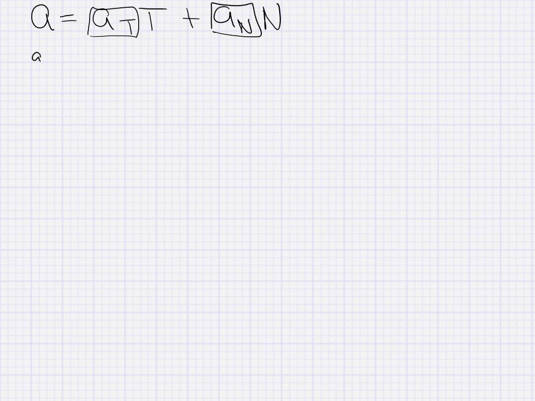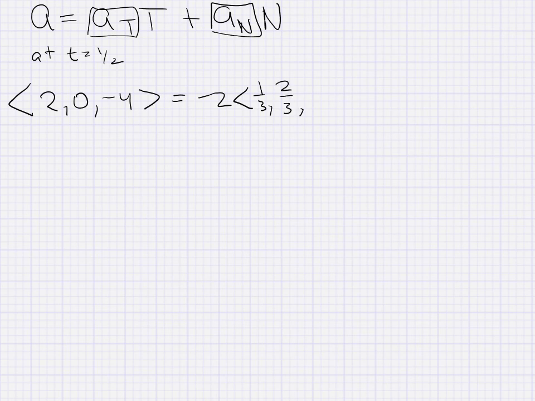So at t equals a half, we know that the acceleration vector was, what was it? It was 2, 0, negative 4. A sub t was negative 2. T itself was 1/3, 2/3, 2/3, and a sub n was 4, and n itself was 2/3, 1/3, negative 2/3.